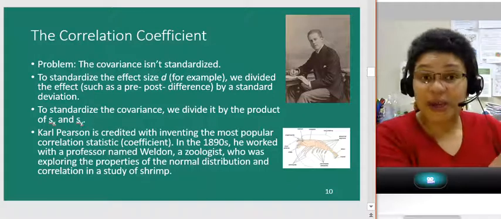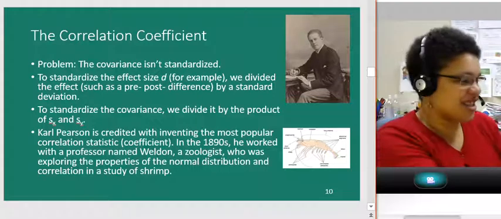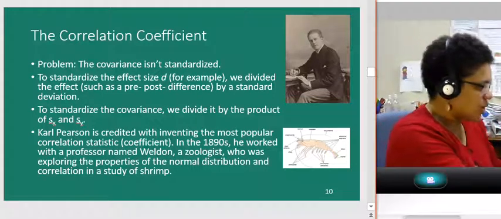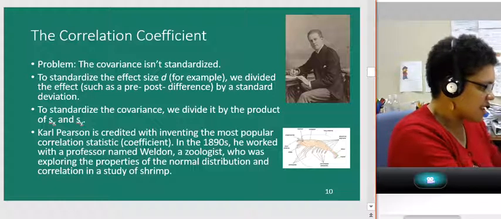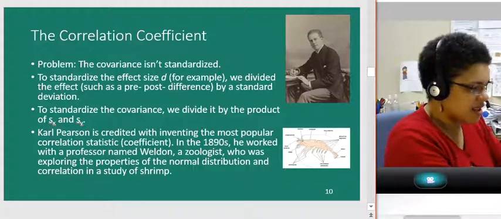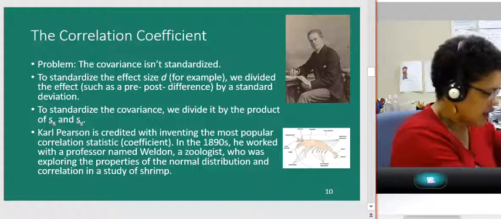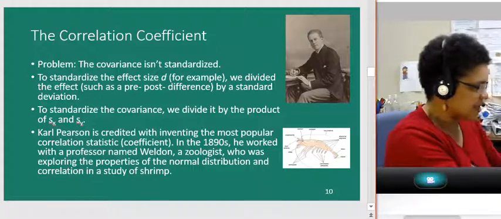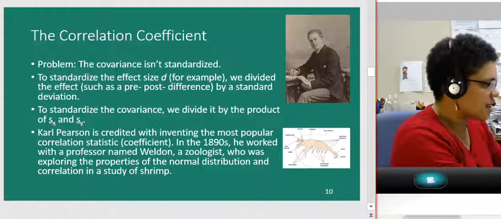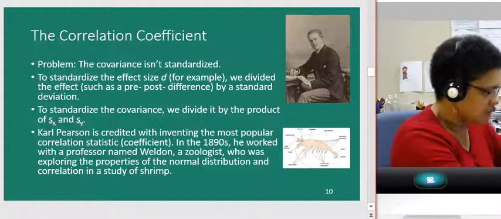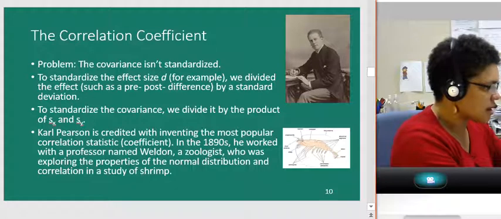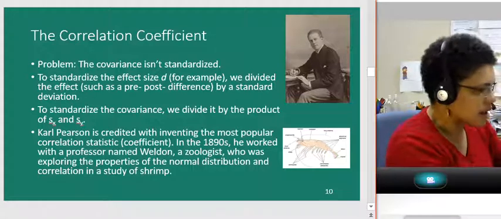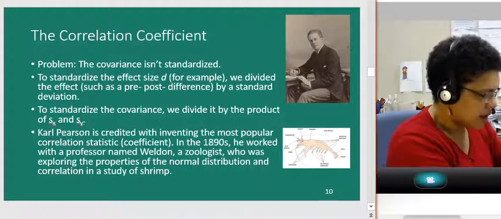Yes, in this textbook, the chapter on correlation is chapter 8.